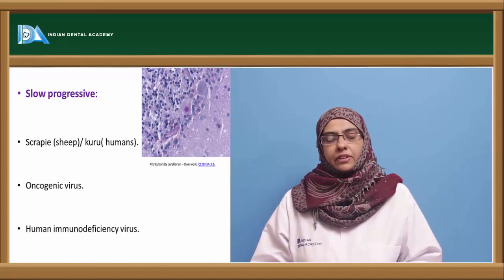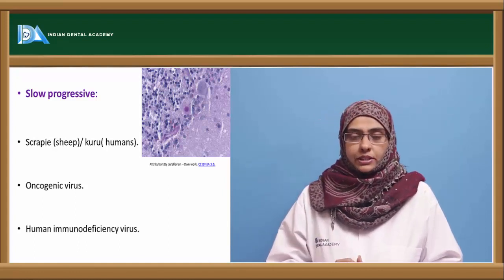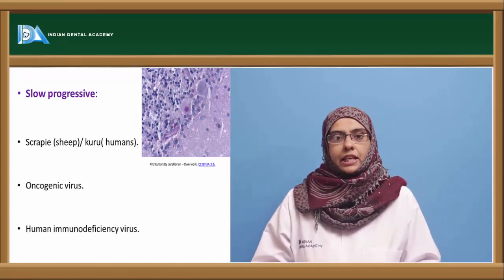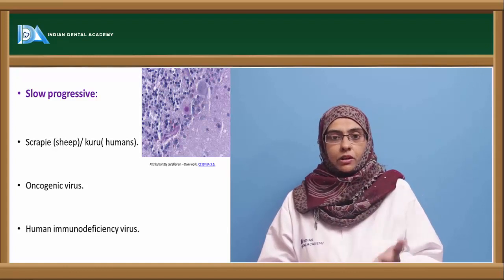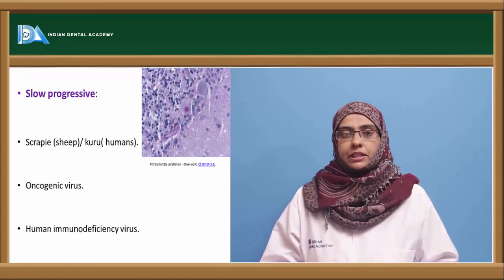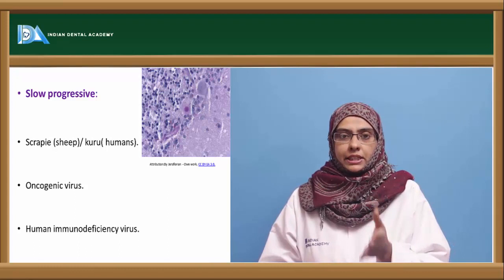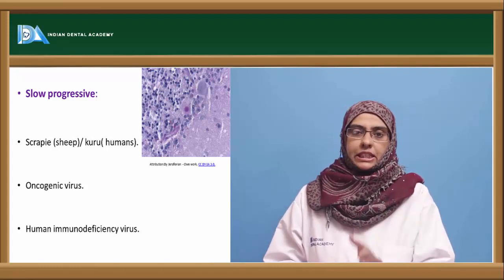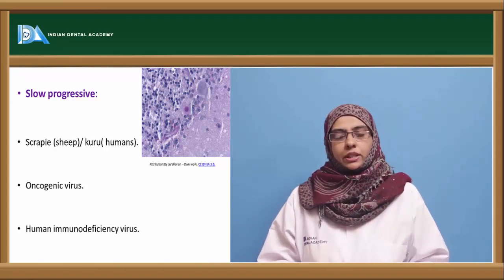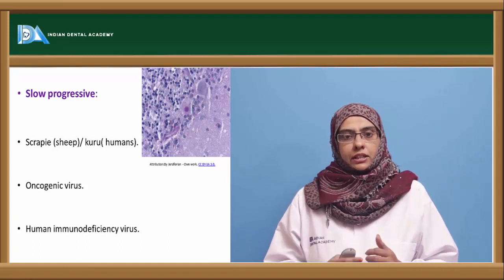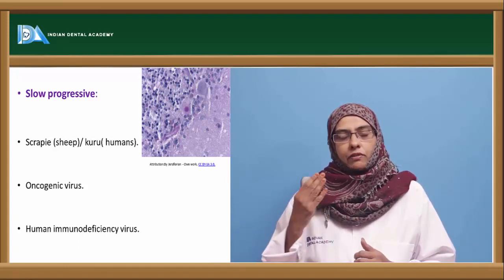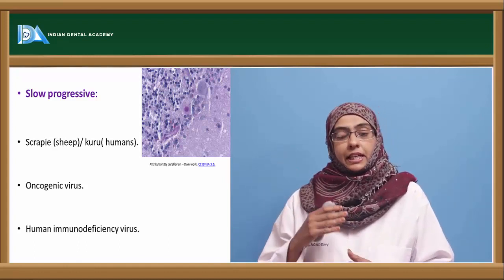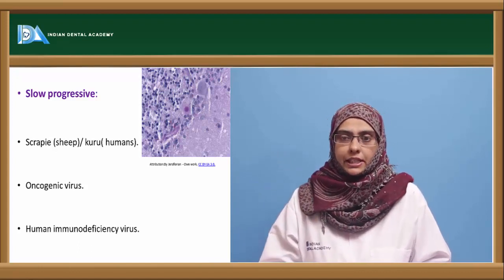Next type of latency that can be seen is slow progressive. The name itself indicates that the incubation period is very long, and the example in this is the disease called scrapie, which is seen in the sheep, and kuru in the case of humans. So here the latency of the virus is for a very long period of time, and it can take years together to show up the clinical symptoms.